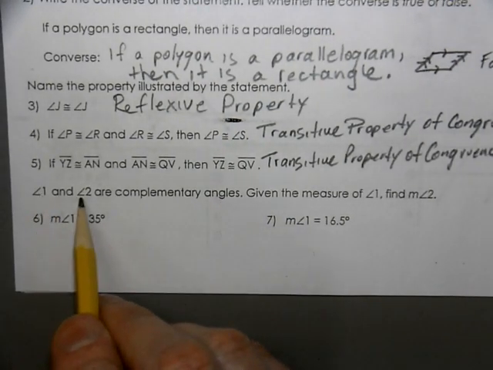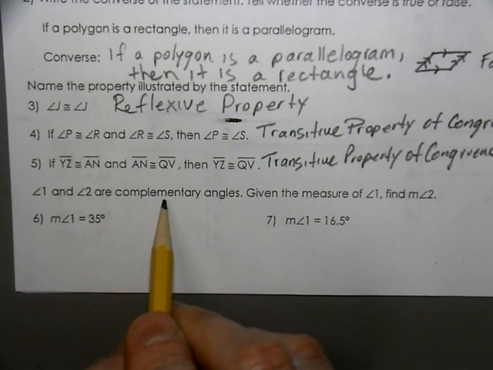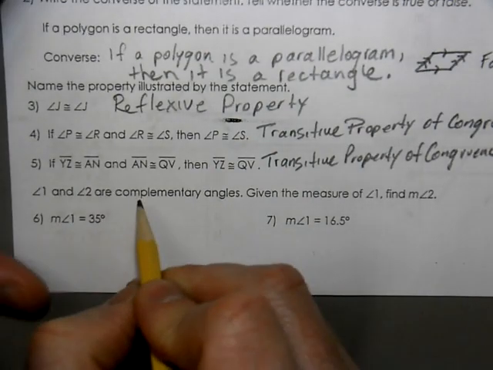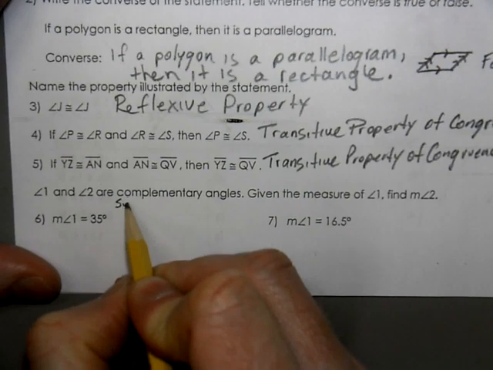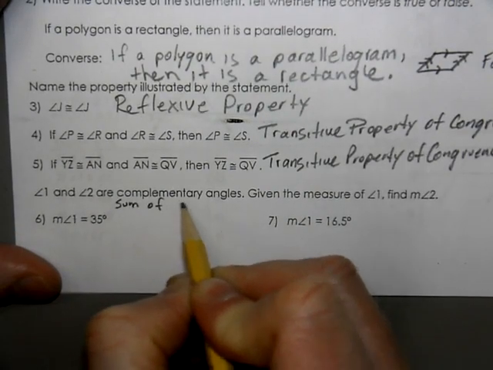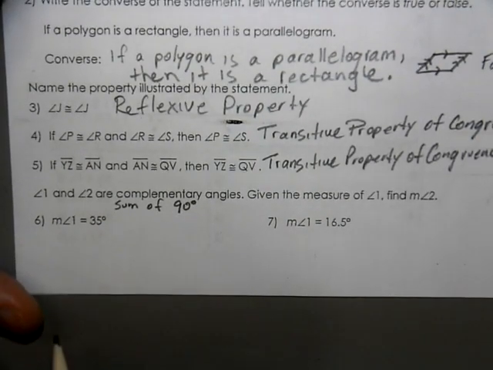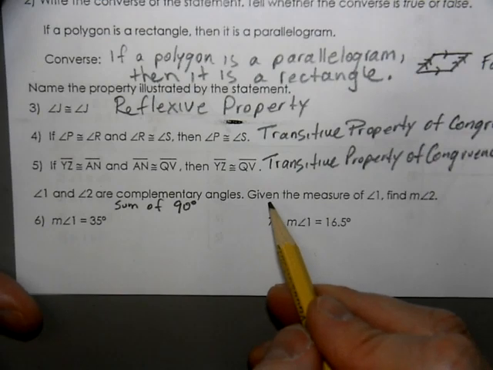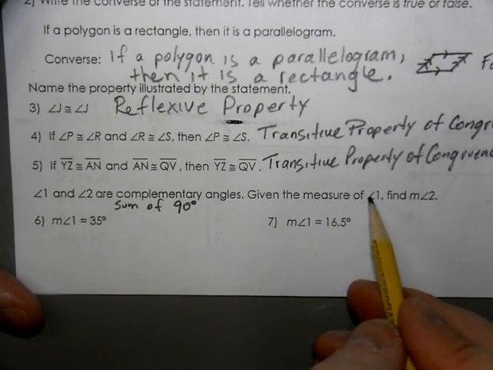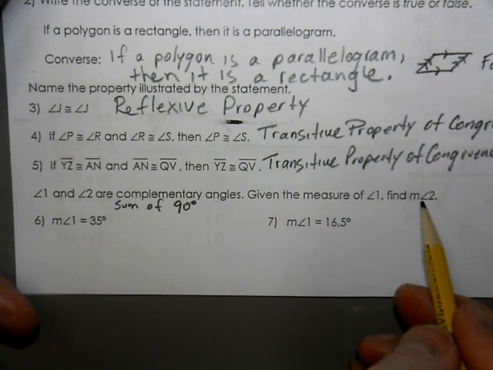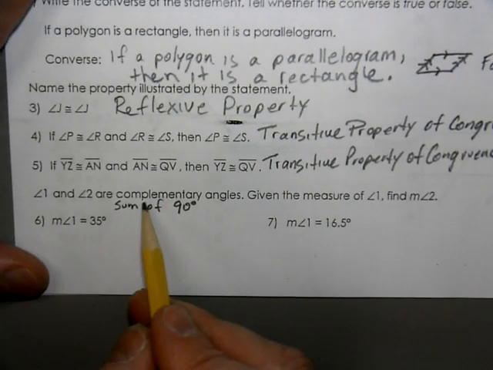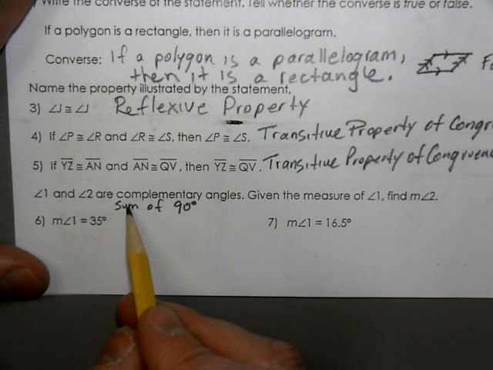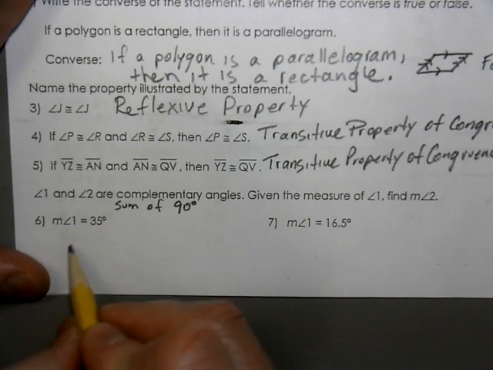Here we know that angle 1 and angle 2 are complementary angles. Complementary means a sum of 90 degrees. We're given the measure of angle 1. What is the measure of angle 2? Complementary, remember, good on your note card, that it is a sum of 90 degrees.